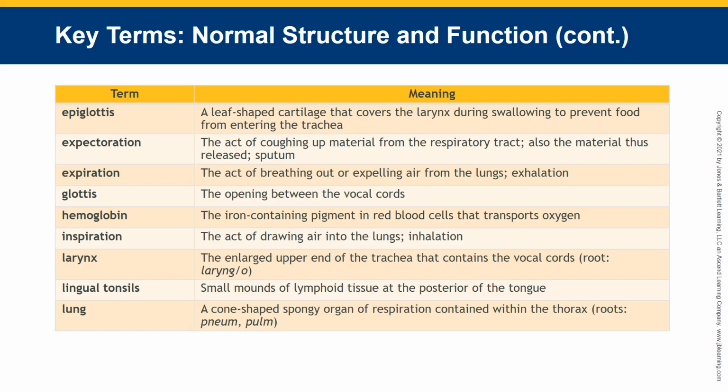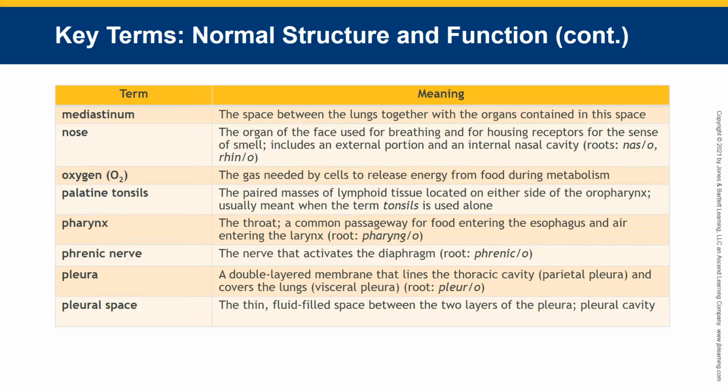Let's see. The glottis is the space between the vocal cords. I didn't talk about that. The lingual tonsils are just the tonsils that I was talking about. Lungs. Mediastinum, I didn't talk about that also. The mediastinum is the space between the lungs. Nose we talked about, oxygen.